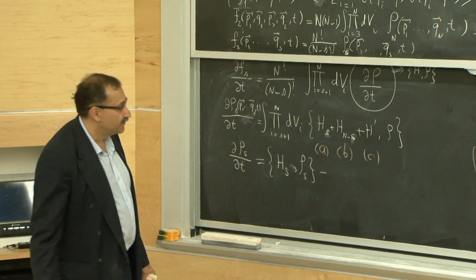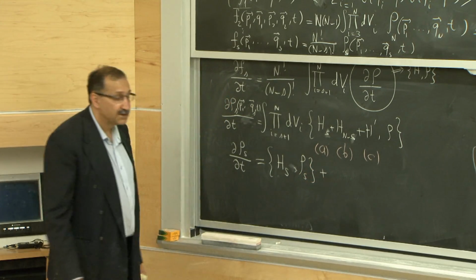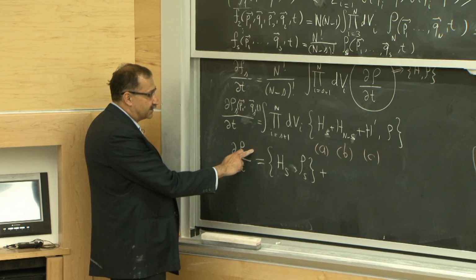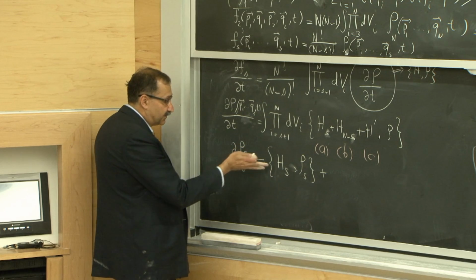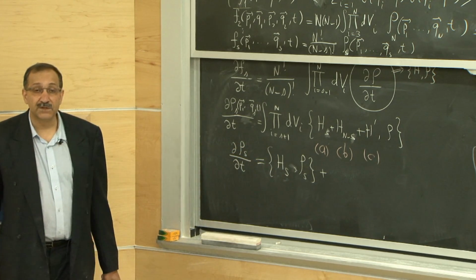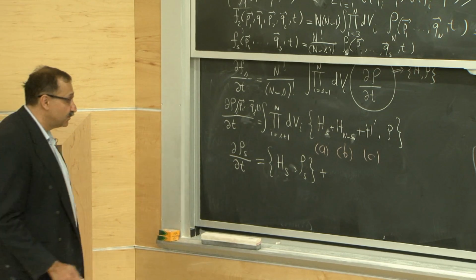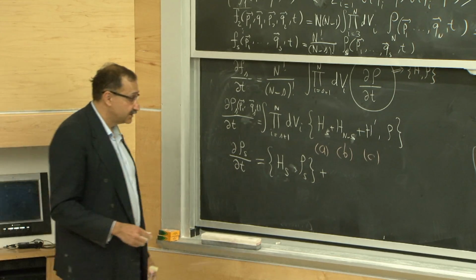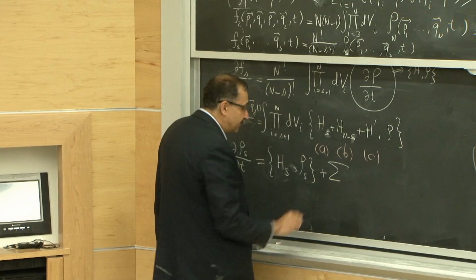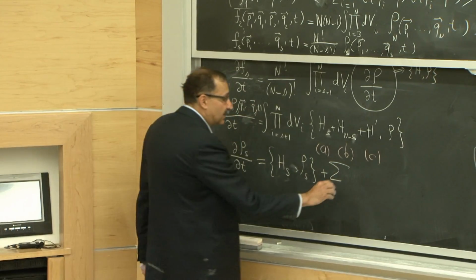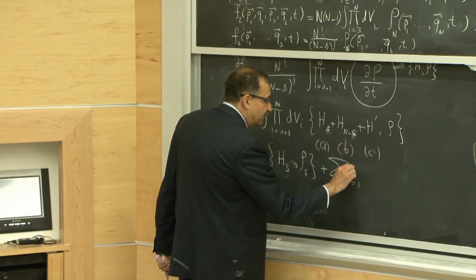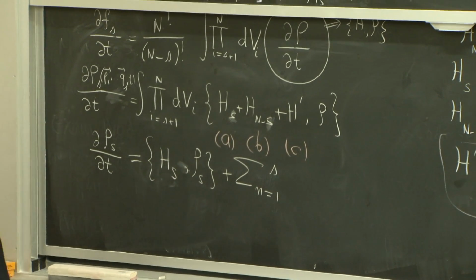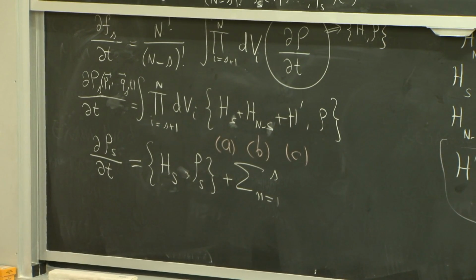And because of that, I have a correction term here that really describes the collisions. It says here that these s particles were following the trajectory that was governed by the Hamiltonian that was peculiar to the s particles. But suddenly, one of them had a collision with somebody else. So which one of them? Well, any one of them. So I could get a contribution from any one of the s particles that is listed over here, having a collision with somebody else. How do I describe the effect of that?